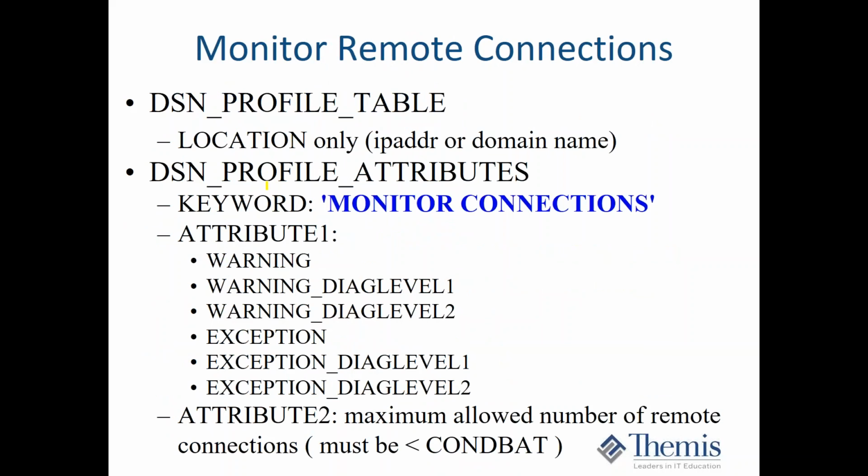So different things you can do. Now, monitor remote connections. Let's assume that the locations are coming in from an IP address or domain name. You want to monitor the connections. Now remember, there is a subsystem parameter, a zparm, that specifies the maximum number of distributed thread connections.